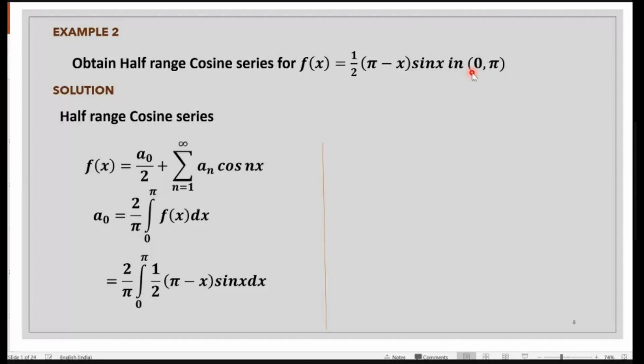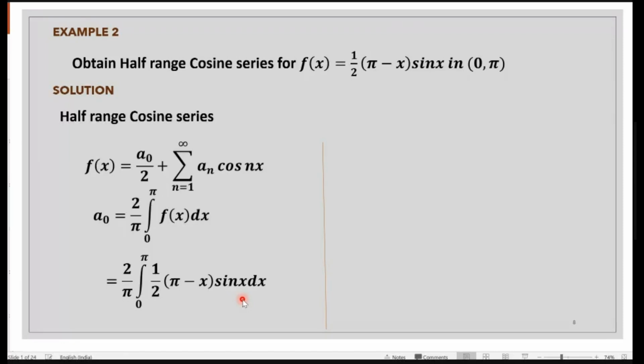Take half outside, 2 and 2 will get cancelled. Integrate pi minus x into sin x between the limit 0 and pi. तो यहाँ पे हमको u into v apply करना पड़ेगा because pi minus x is an algebraic function and sin is a trigonometric function. So use u into v inside the integration in a0 itself.